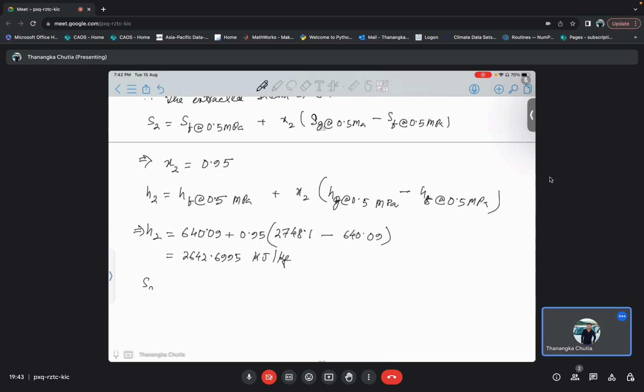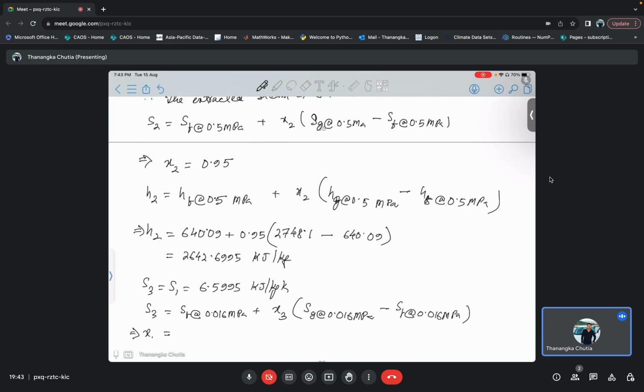Then S3 is also equal to S1, and that is equal to 6.5995 kilojoule per kg Kelvin. And S3 is equal to Sf at 0.016 megapascal plus x3 times Sg at 0.016 megapascal minus Sf at 0.016 megapascal, and from this we can find x3 equal to 0.81.